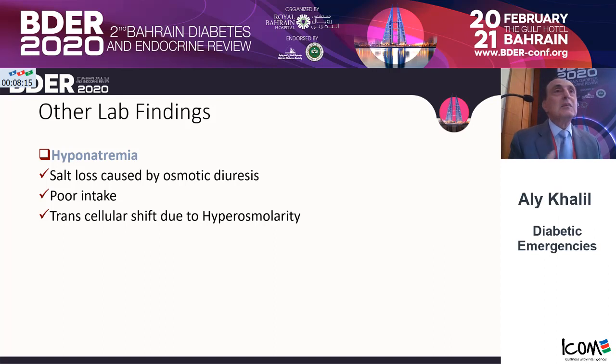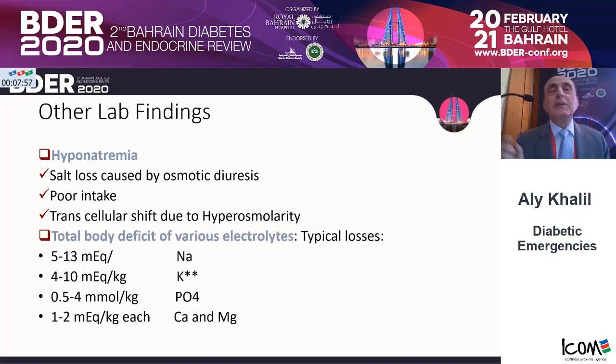Or the patient has poor intake of salt, or because of the high osmolarity, fluid from the intracellular space is shifted out into the extracellular space, and you have dilutional hyponatremia. Another element really expected to be lost is significant loss of other electrolytes like sodium, potassium, phosphate, calcium, and magnesium.